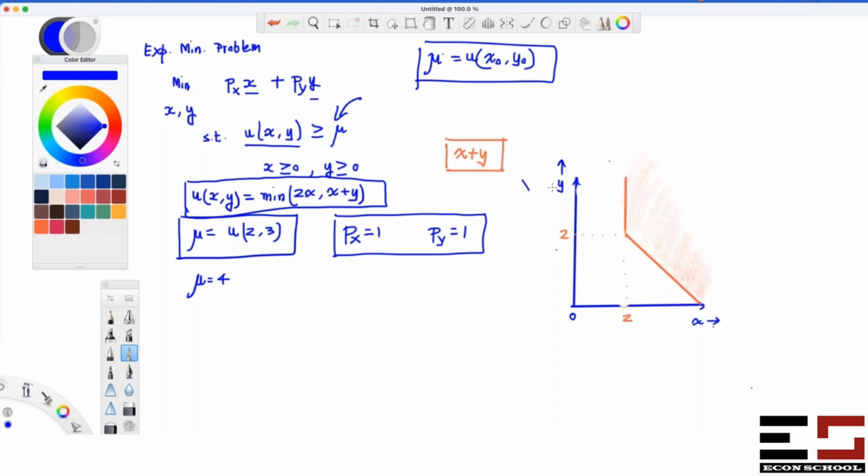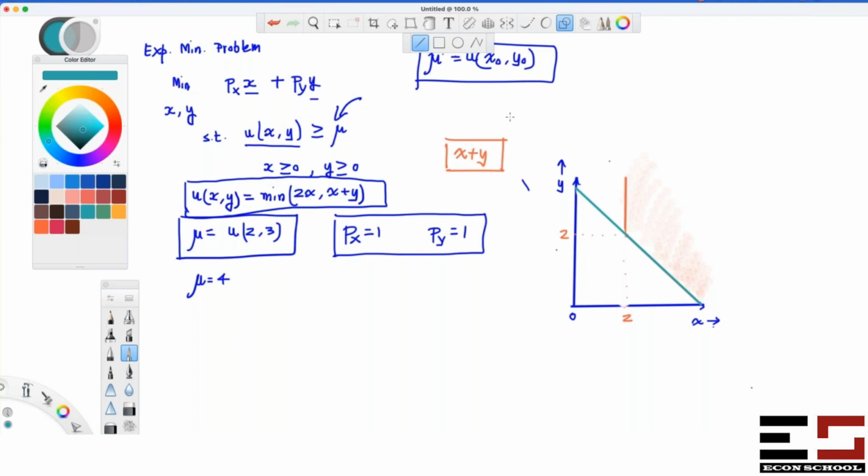What is the ISO expenditure curve? It is all those points that cost the same. So in our case, x plus y equal to 1, x plus y equal to 2, x plus y equal to 3, all these are different ISO expenditure curves. If you plot the ISO expenditure curves, the lowest possible one will be like this.